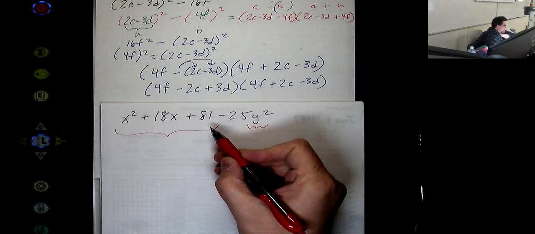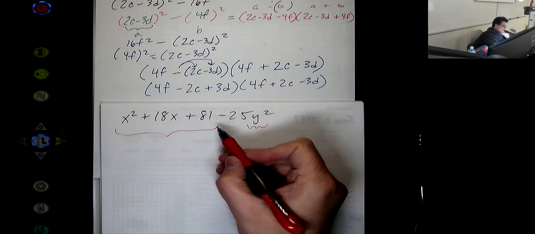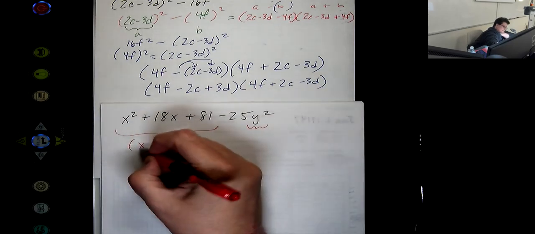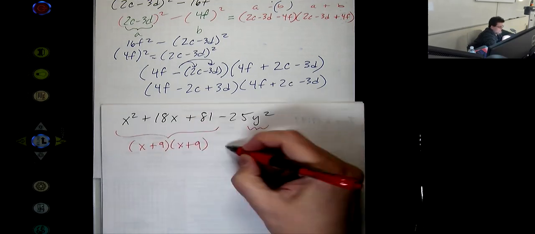What's the first one that jumps to your head? 9 and 9, hopefully, is the one that jumps in your head. Otherwise, start reviewing the times table. It will help you substantially in this class to know the times table. 9 and 9 does add to 18. And so we can just drop them in. That would be how we factored that.